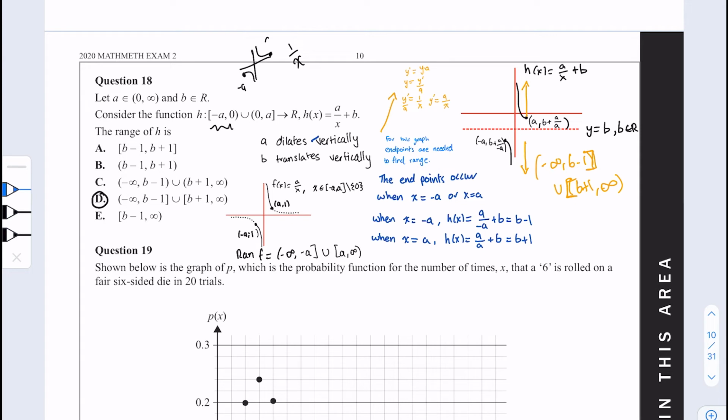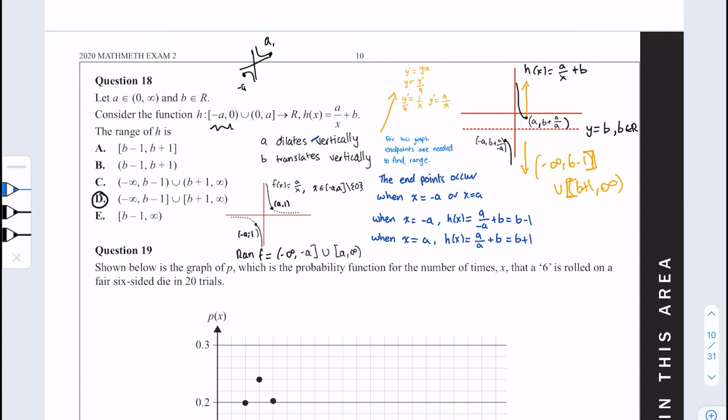So the x values only go from negative a to a. And now we've got to think about what the y values, or the h of x values, look like at these endpoints.